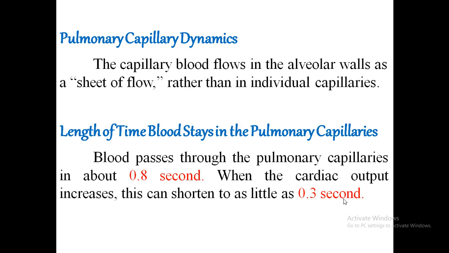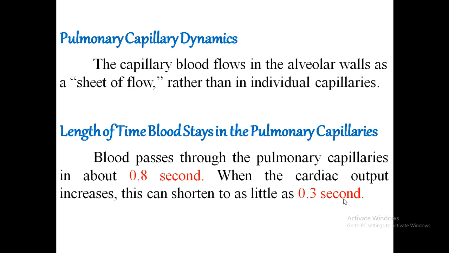And we have sufficient time, or in other words a quick service is provided, for the most rapid diffusion and transport of gases through the capillaries to the alveoli and from the alveoli to the capillaries.